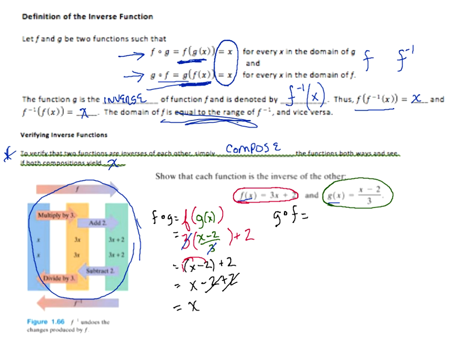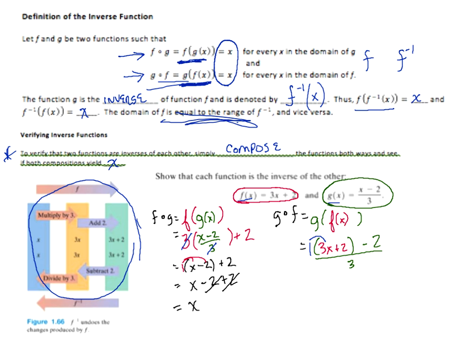So this time I'm going to do g composed with f of x, which is going to look like this. G will now be my shell function, and I'm going to plug in f of x. So this is what that looks like. I have something minus 2 all divided by 3, and that something is my f of x function, which is 3x plus 2.